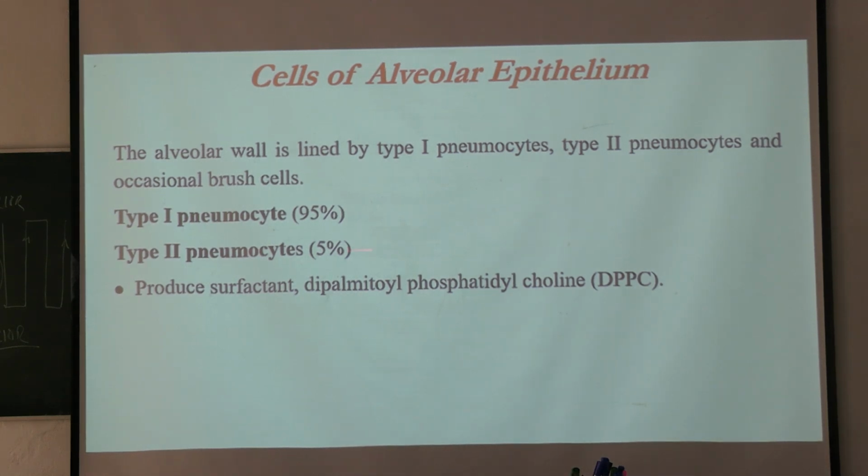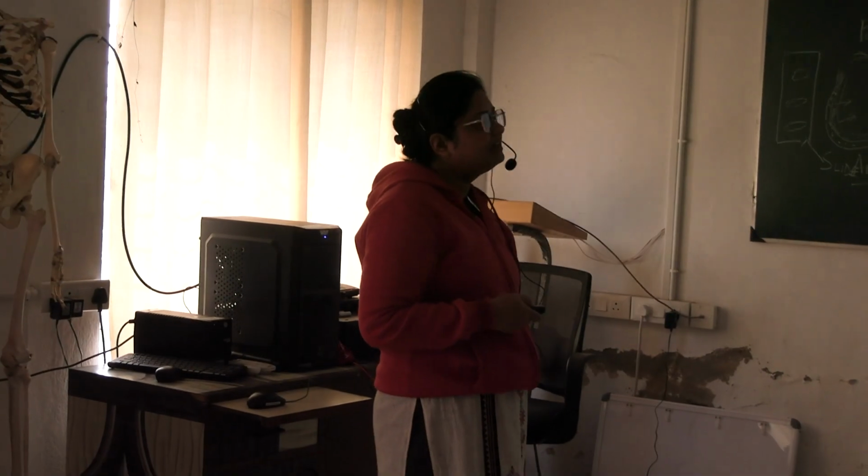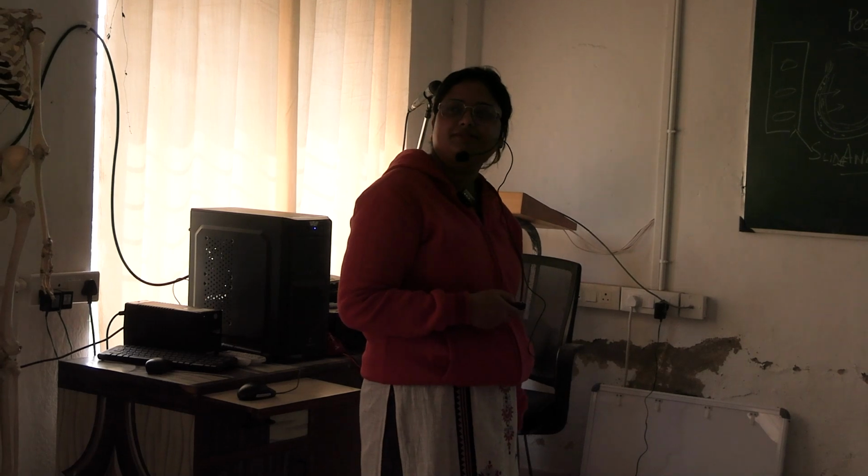These are cuboidal type 2 pneumocytes, and they help in secretion of surfactant. They produce surfactant, and the name of the surfactant is important: DPPC, dipalmitoyl phosphatidyl choline. This is very frequently asked in viva and OSPE. The scientific name of the surfactant, dipalmitoyl phosphatidyl choline, is also important for MCQs.